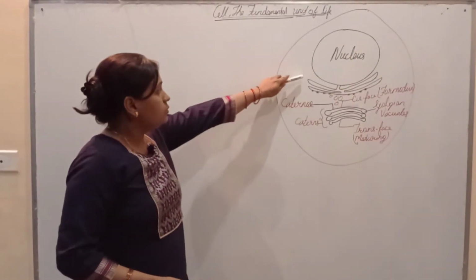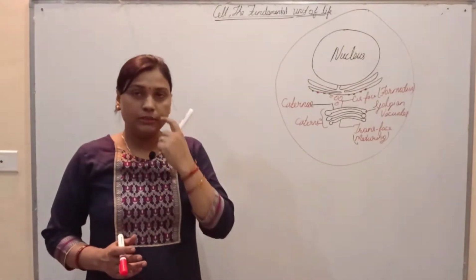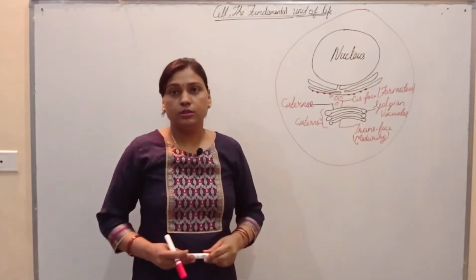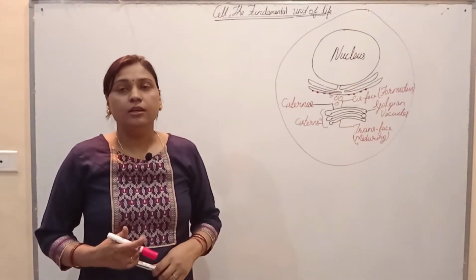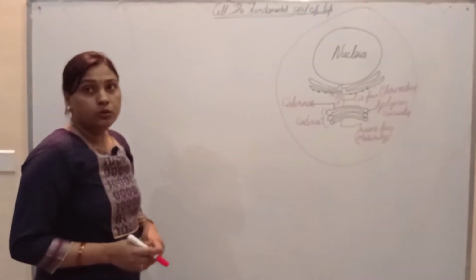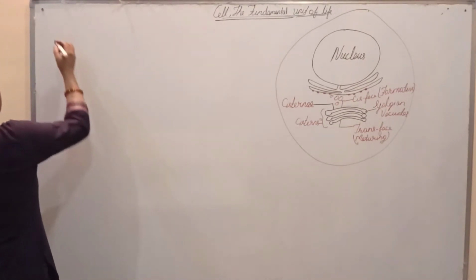When ribosomes are not present, it is called smooth endoplasmic reticulum, and that will synthesize lipids and fats. So let us see in detail the structure of the Golgi body.